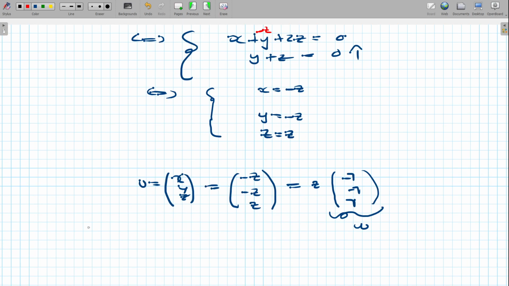So it means that because we've been able to represent u in terms of a certain vector that we are calling w here, we can see that this vector minus 1, minus 1, 1 is actually in the intersection of f intersection g.